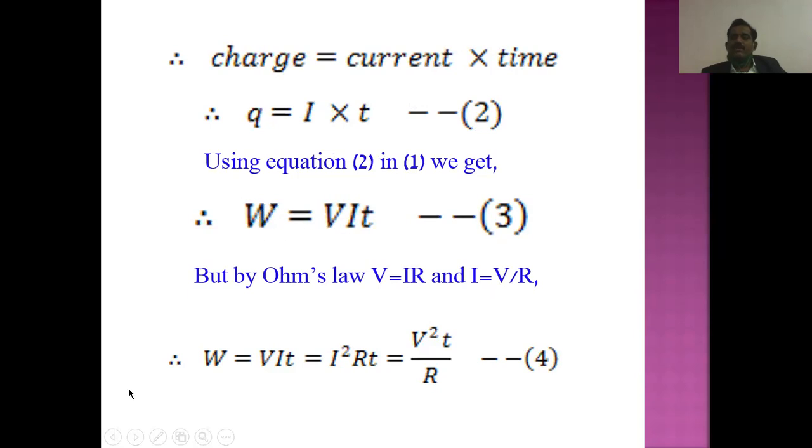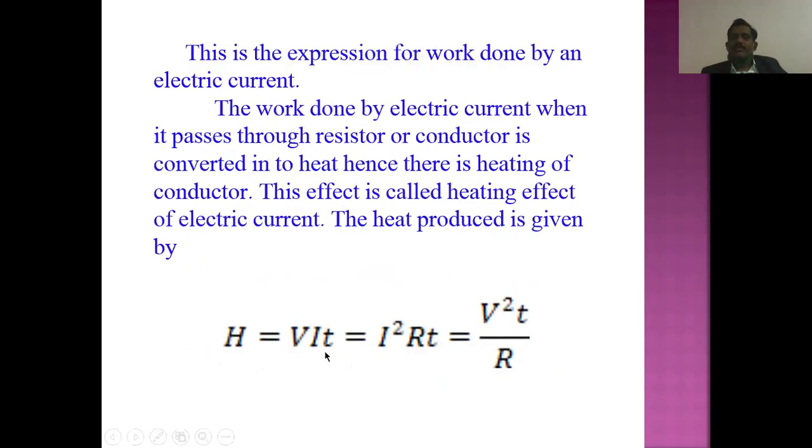W is equal to VIT, W is equal to I square RT, W is equal to V square T upon R. Many examples and MCQs use these formulas, so it is the most important formula, and remember that. Now, when work is done, the electric current passes through the resistor and the resistor is heated.